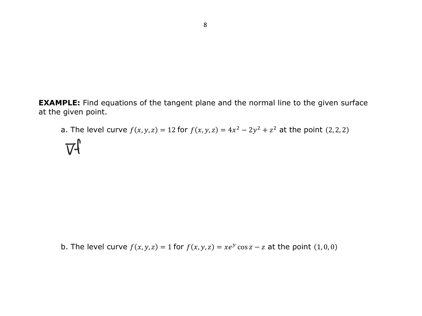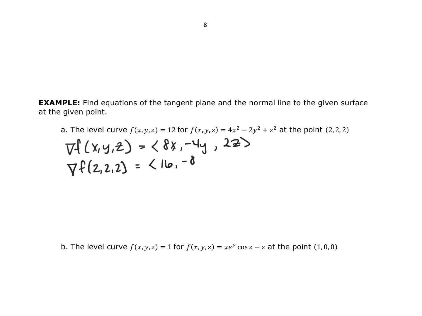Now my gradient is going to be equal to, and you all should check this on your own, 8x, negative 4y, and then 2z. Now when I evaluate this at the point 2, 2, and 2, I end up with 16, negative 8, and 4.